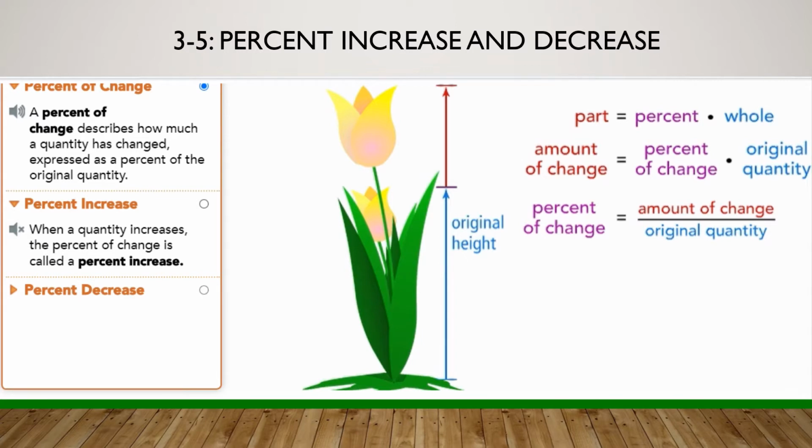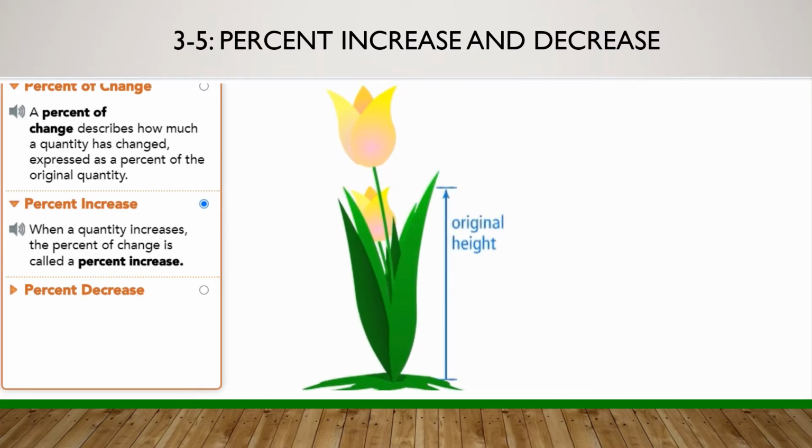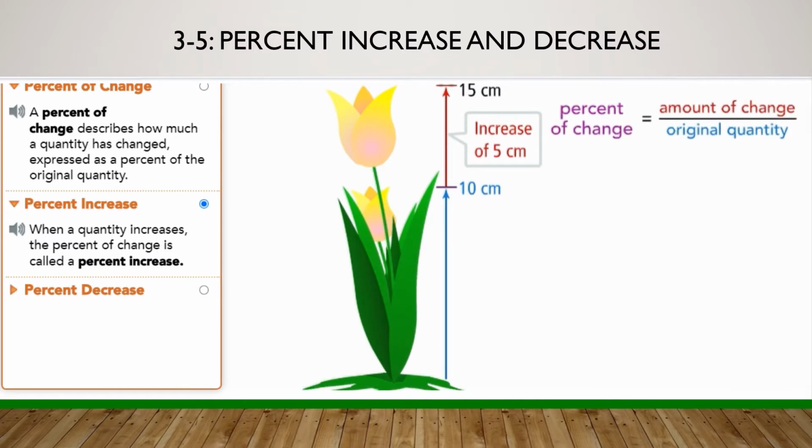When a quantity increases, the percent of change is called a percent increase. Suppose the flower grows 5 centimeters, from 10 centimeters to 15 centimeters. Use the formula for the percent of change.